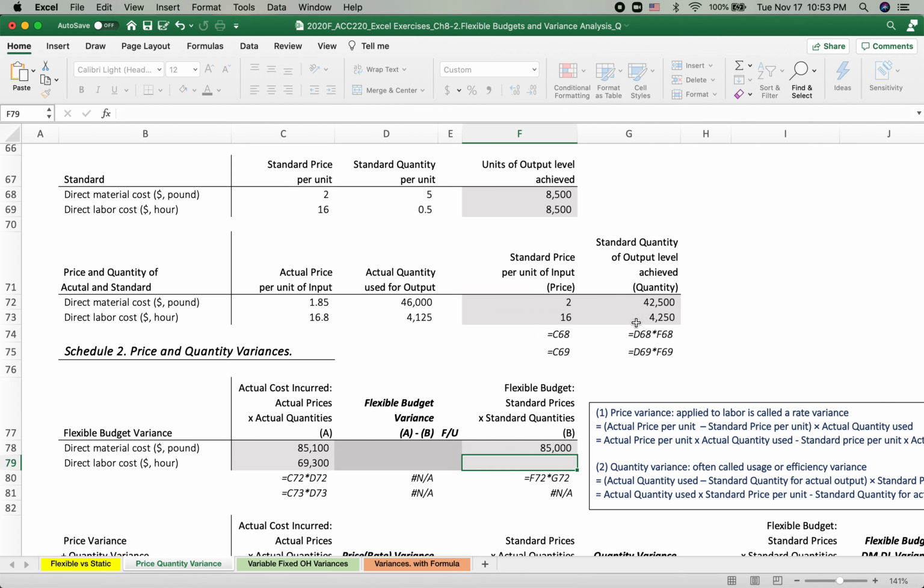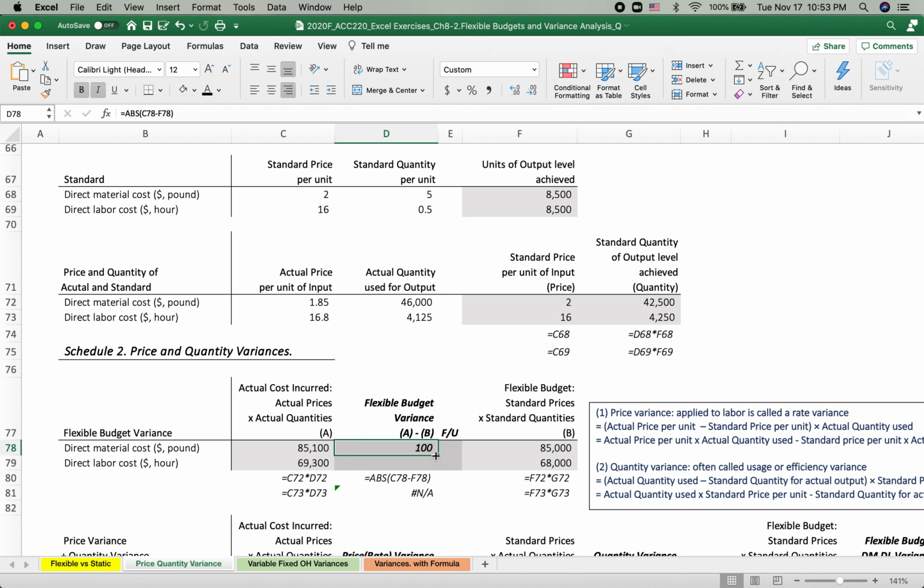Also, in the same way, we got it. And then the variances is the absolute value of this deviation. So we got 100 and 1,300, which is unfavorable and unfavorable.